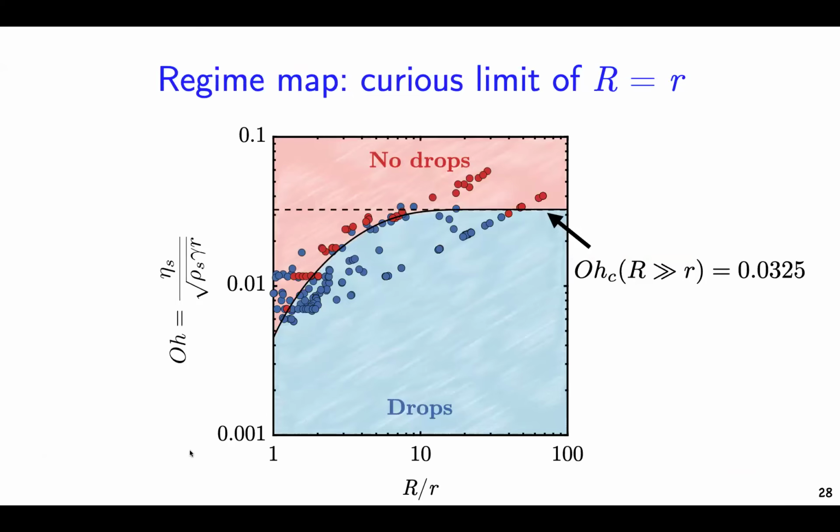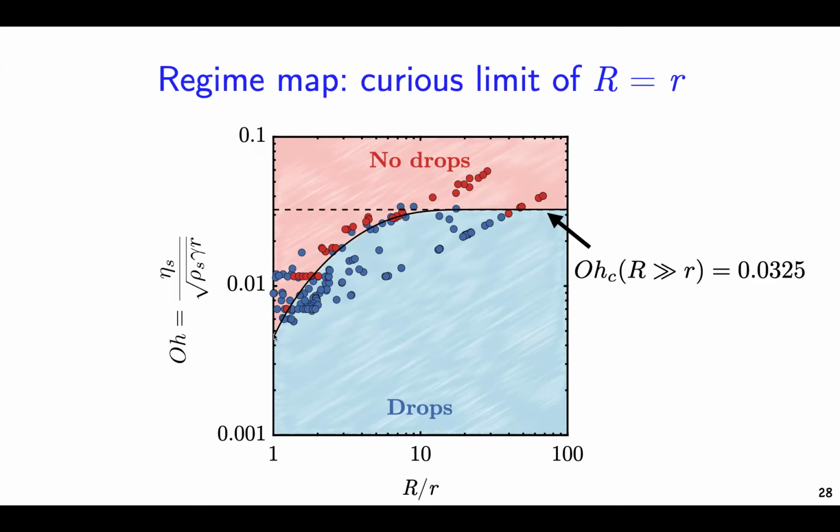Now there's something curious that occurs in the limit of capital R equals small r, as you can see over here, where the experiments and simulations don't agree that well. And this is due to the fact that in experiments, there is always asymmetry because of the presence of the needle or whatever.